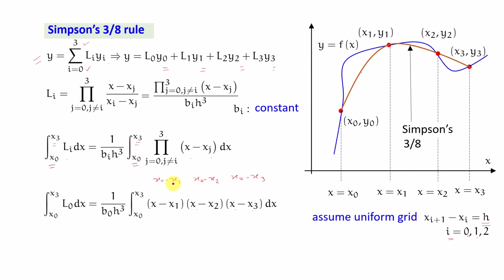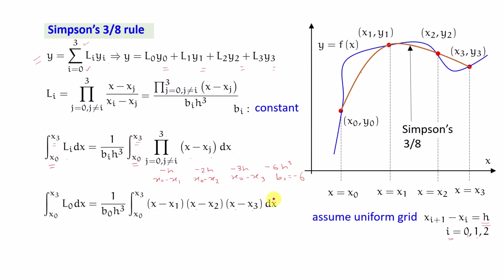Now x0 minus x1 is minus h, x0 minus x2 is minus twice h, x0 minus x3 is minus 3 times h. So together it will give me minus 6 times h cube. So this b0 will be minus 6.